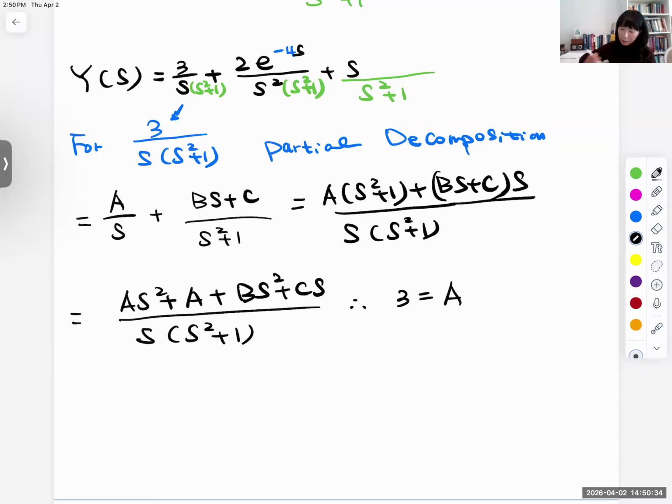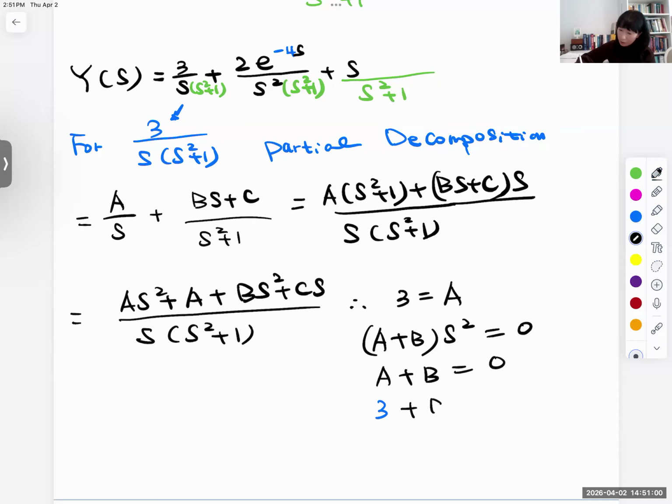All right, then we have a plus b s squared, which is 0, right? So that means a plus b equal to 0. We have a equal to 3.